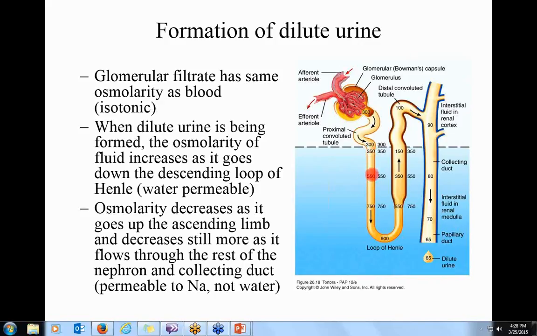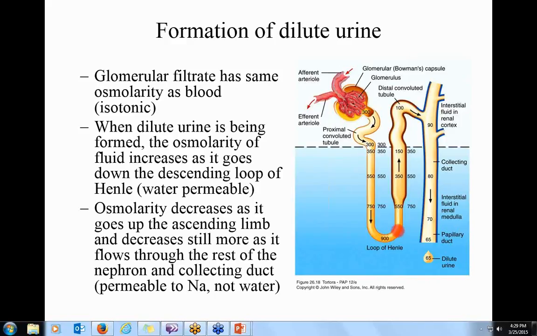As you go down the loop of the nephron, notice that the sodium concentration outside of that is higher. This is important because the higher the concentration of sodium on the outside, the more water is going to be pumped out. So you get a very concentrated urine when you reach the bottom of the loop of the nephron.